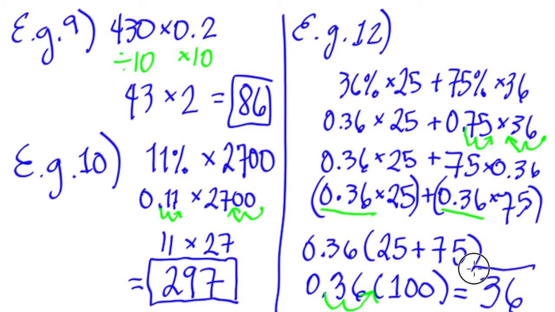That's how I end up with my answer of 36, by using some algebra procedures, the common monomial factoring. Who would have thought it would be 100, and 100 times any number is very easy. So that's how I answered example number 12.